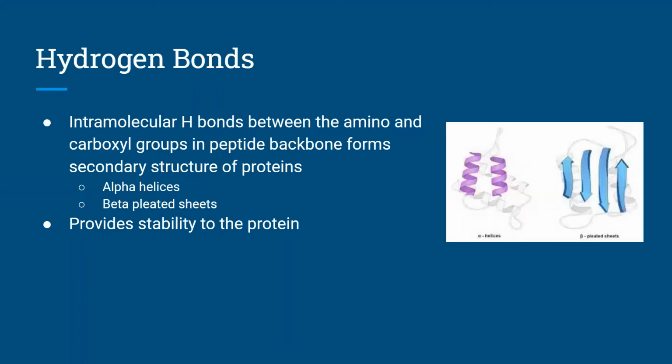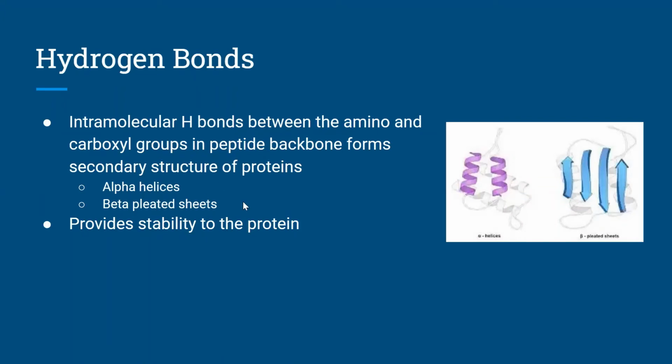The primary structure is the long chain of peptides that forms the polypeptide chain, but the hydrogen bonds between the amino and carboxyl groups of each amino acid, the interactions between the different residues, form the secondary structure of proteins.